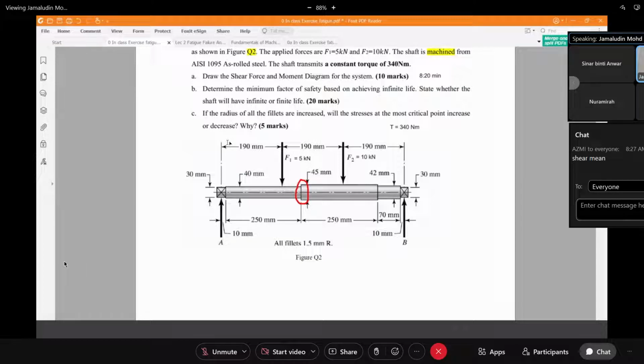When the radius increases, we reduce the change of dimension, and it causes the KT to decrease and causes the stress at the critical point to decrease. Okay, that kind of thing.